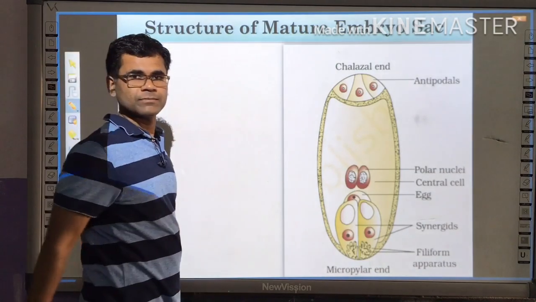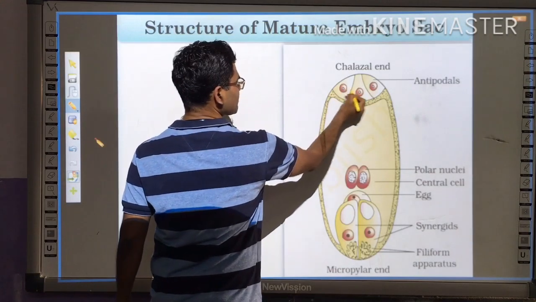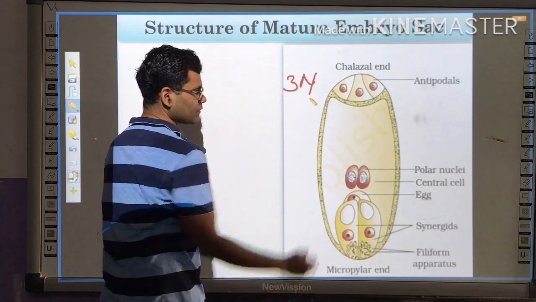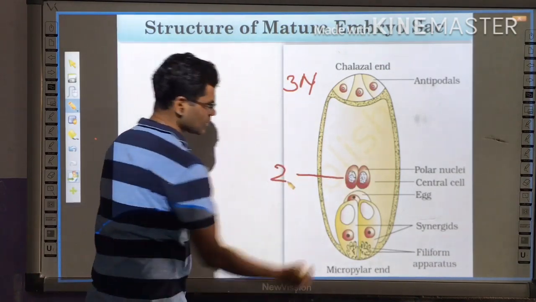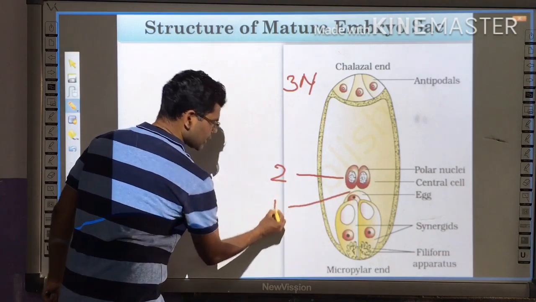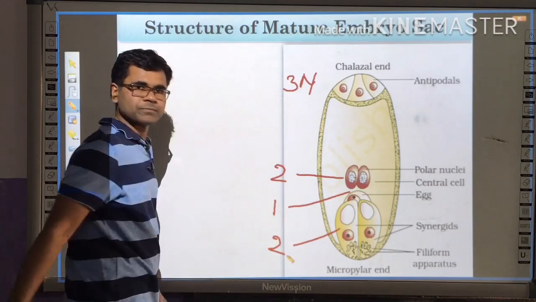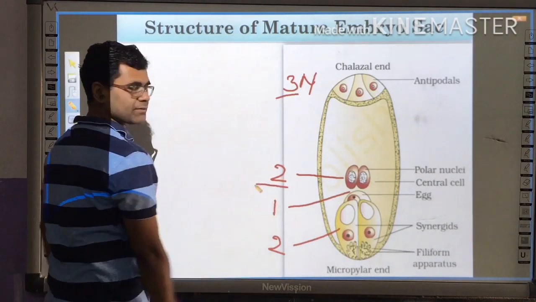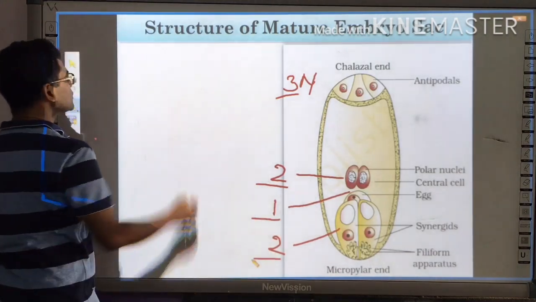But it is 8-nucleate. Why? Because if we talk about nuclei, in the antipodal cells, 1 plus 1 plus 1, there are 3 nuclei. In the central cell, there are 2 nuclei. For the egg apparatus, 1 nucleus. For the synergids, again 2 nuclei. If you sum all of these, 3 plus 2 is 5, plus 1 is 6, plus 2 is 8.